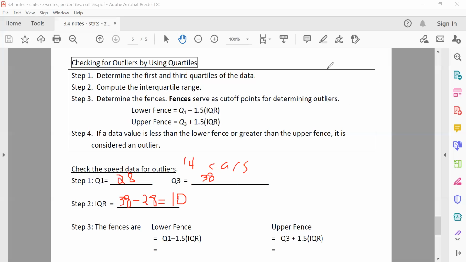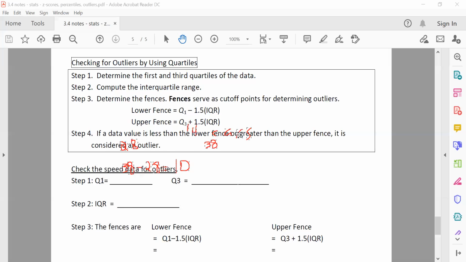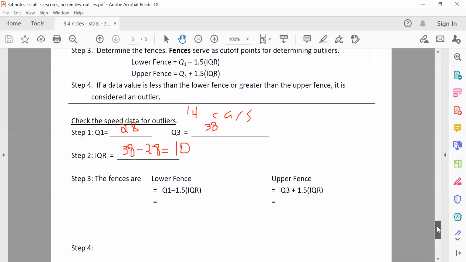So what we're going to do, I will use my magics. We're going to compute the fences.